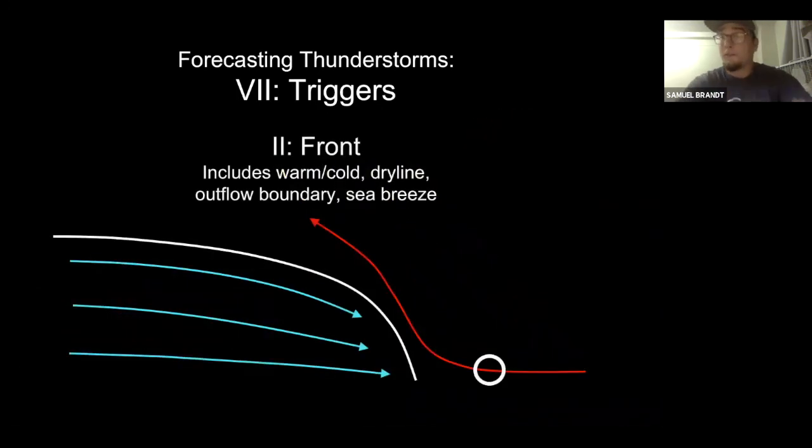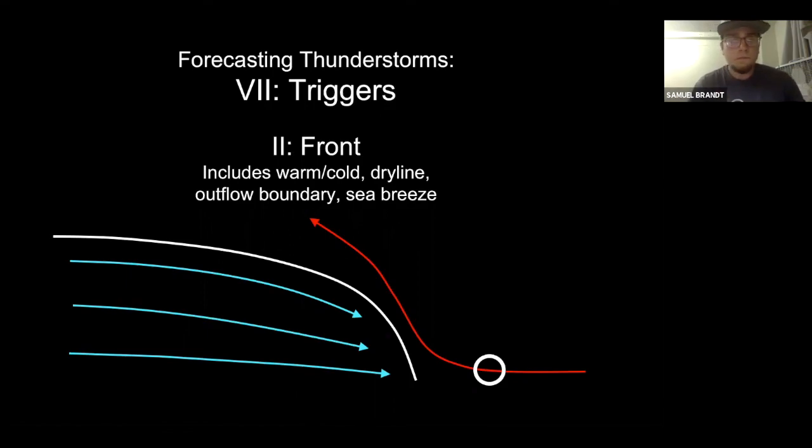Second one, fronts. And I'm being pretty broad with my definition of fronts. I'm going to include warm, cold, and dry lines, which are boundaries between dry and moist air, as opposed to a temperature front. Outflow boundaries, which is a boundary between rain-cooled air from an older storm and some other air mass, or even sea breezes.